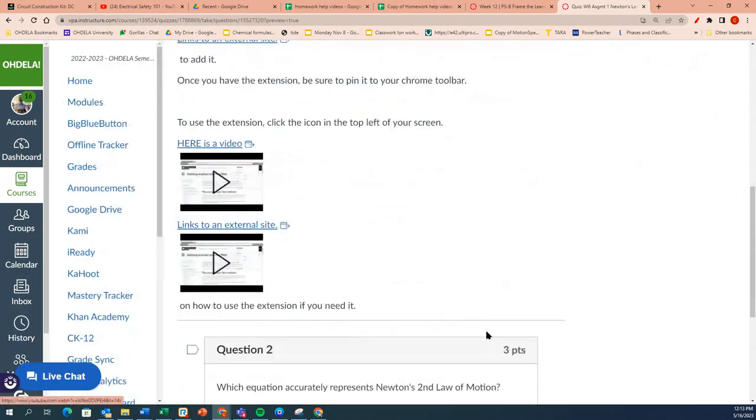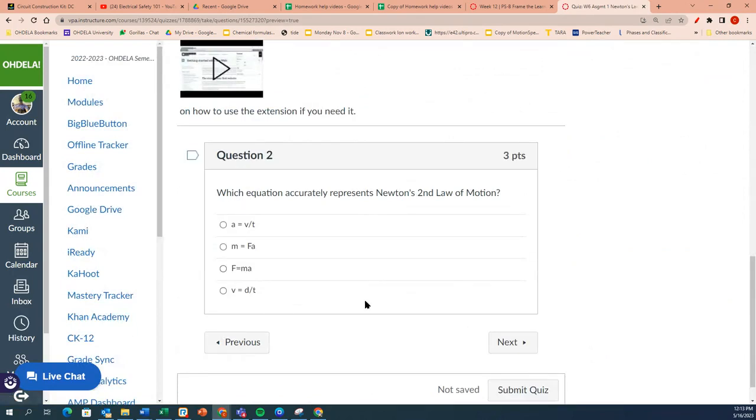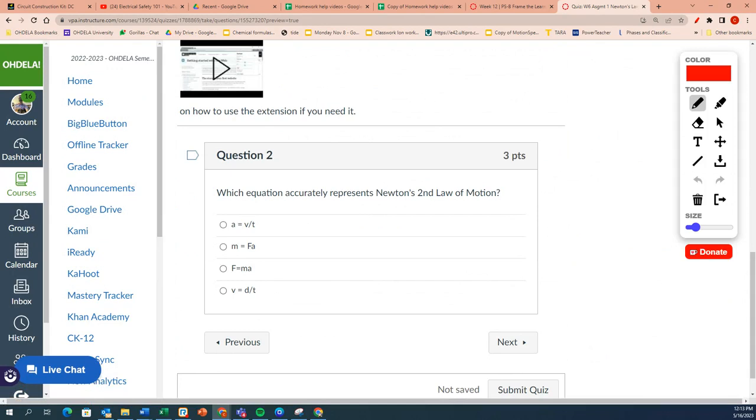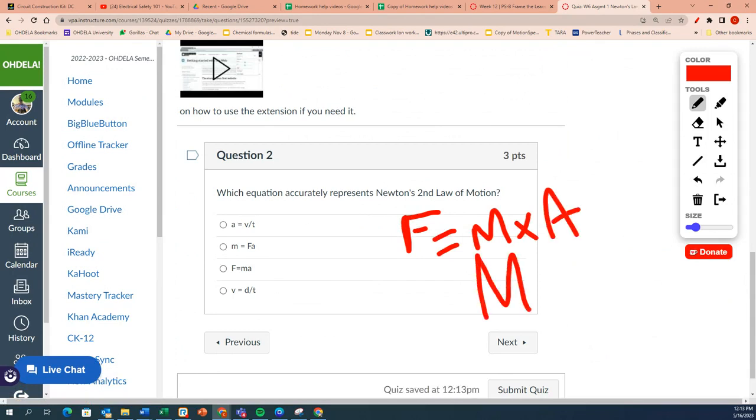Question 2, which is Newton's second law. Remember, Newton's second law says a force is equal to its mass times its acceleration. So the larger the mass, the greater the force needed to accelerate it.